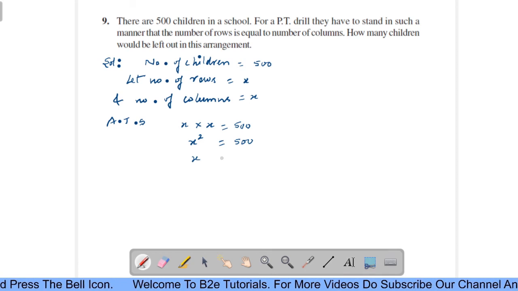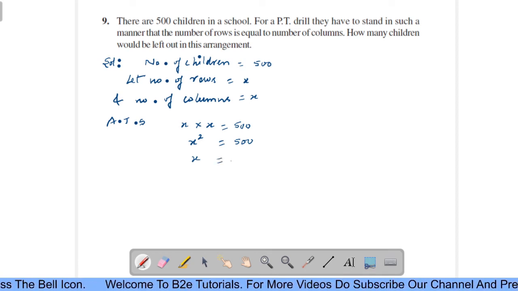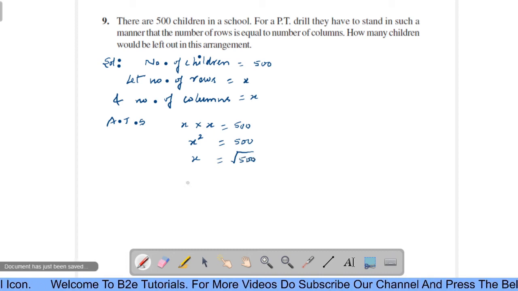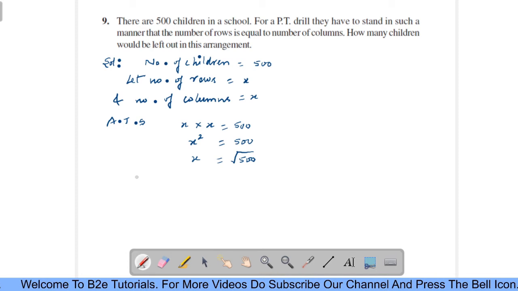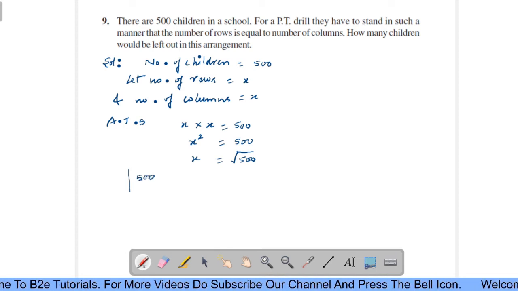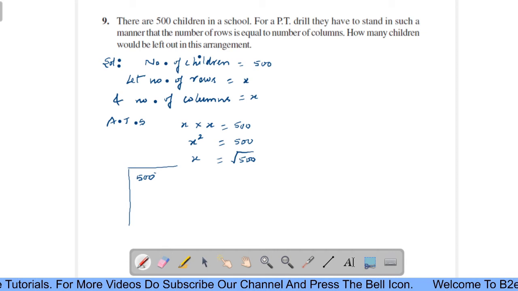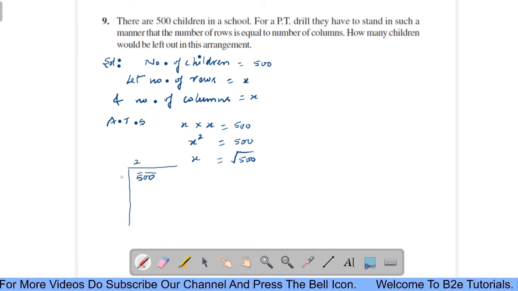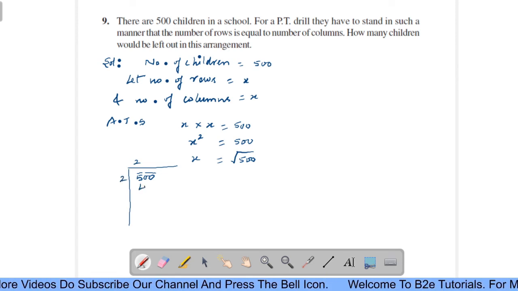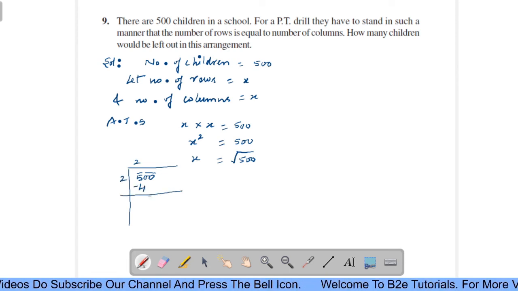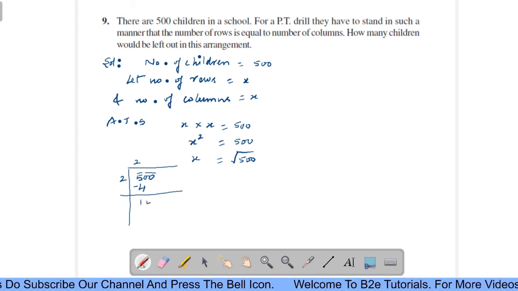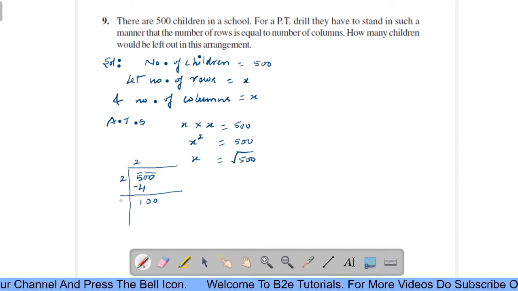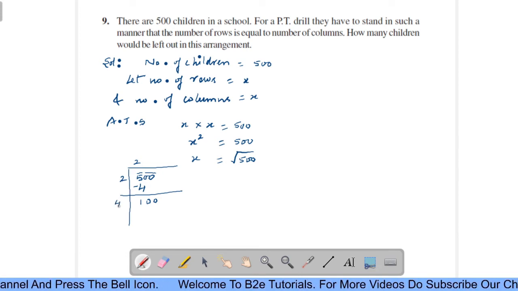or x is equal to, if you remove the square, you have to take the square root of 500. Let us find out the square root of 500. Make pairs from the right hand side. How many times will it go? 2 times. 2 twos are 4. Subtract it. You will get 5 minus 4, 1. Bring the second pair. It is 00. Now 2 plus 2, it is 4.